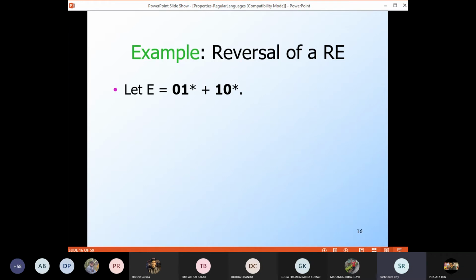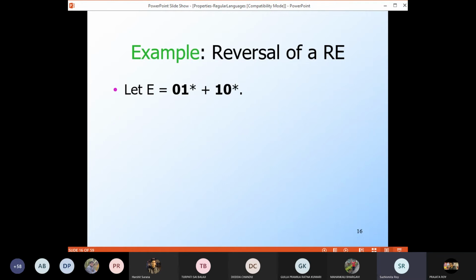Have you not heard of the BODMAS rule? I'm sure you have heard it in primary school. But the BODMAS rule is nothing but the precedence of operations. Which operation should you attack first? You know that you have to first do multiplication and division, and then move on to addition and subtraction. Of course, this precedence you can bypass by using brackets. If you have brackets, then you have to do what is inside the brackets first.